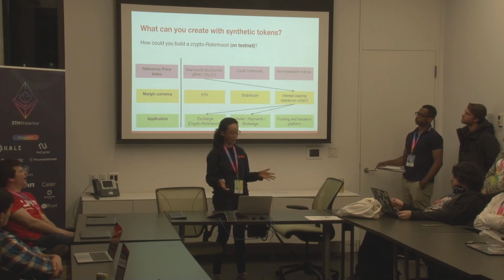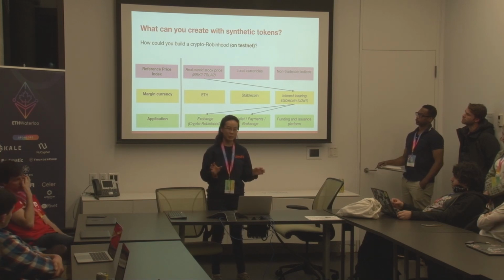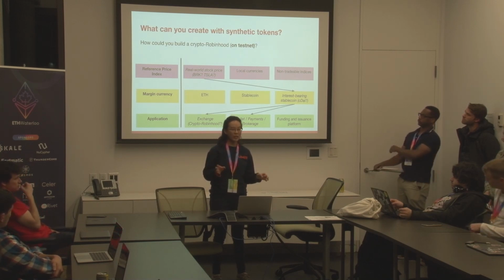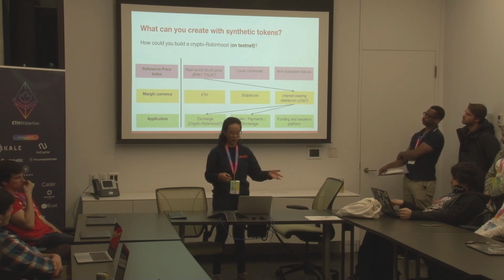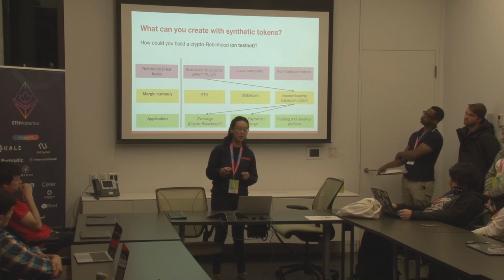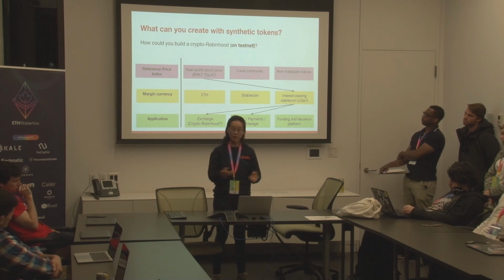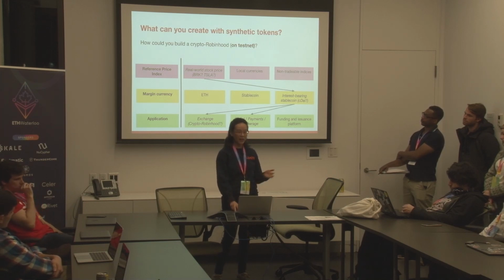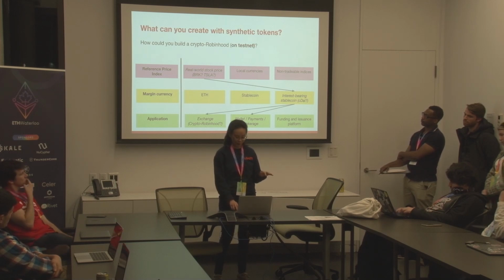One other cool idea I want to throw out there is you could have the margin currency be an interest-bearing stablecoin. So not only could you then have the price appreciation of whatever stock you're looking to track, you could also potentially earn some additional interest from using CDAI instead of DAI. But that, I think, is the kind of stuff that we're hoping inspires you and gets your creative juices flowing.